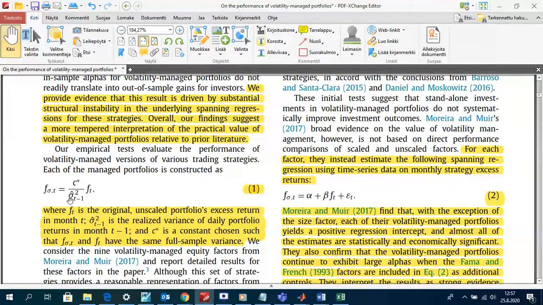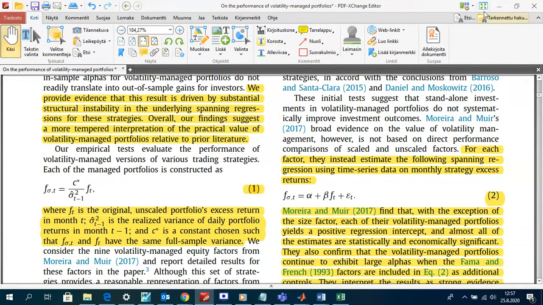They would leverage the amount invested whenever the past volatility in month t minus 1 is below the scaling factor c star, and they would deleverage the position whenever this estimate is above c star.